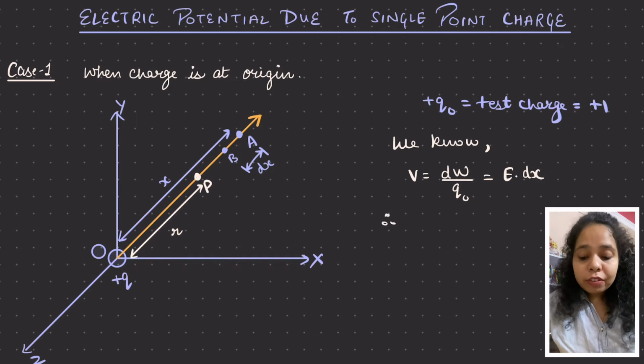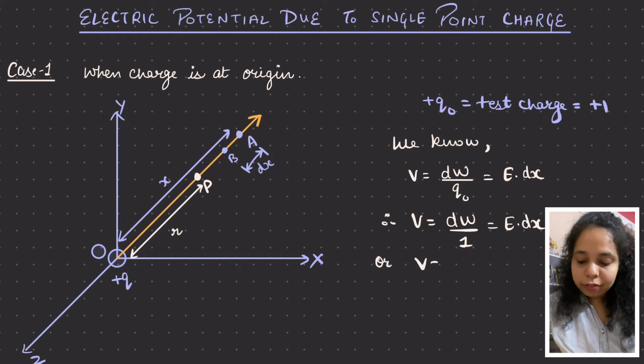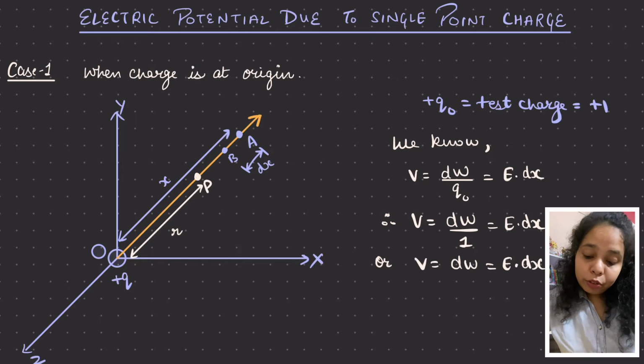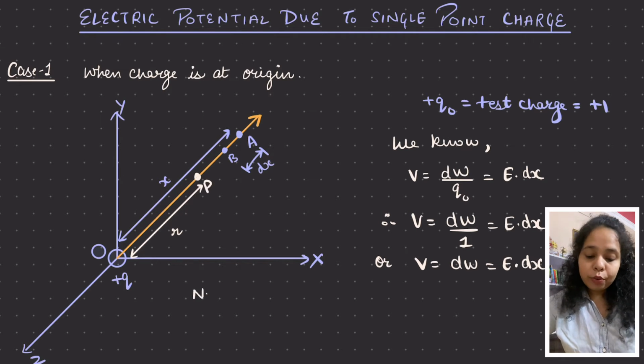We will solve this equation. Therefore, we have V is equal to dW upon 1 because the magnitude of Q naught is taken as 1, which is further equal to E dot dx, and we will solve this equation.